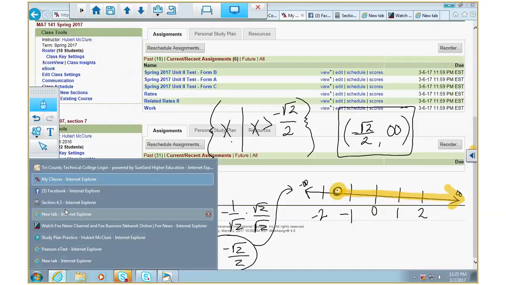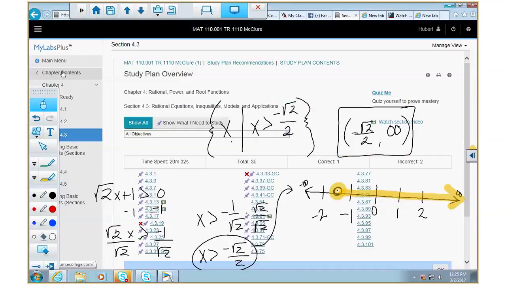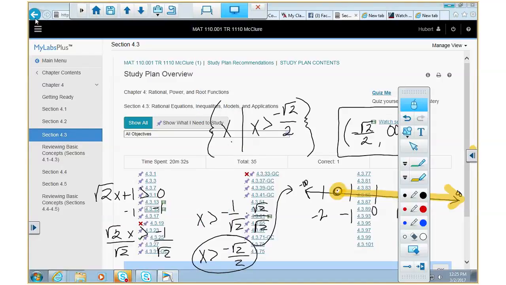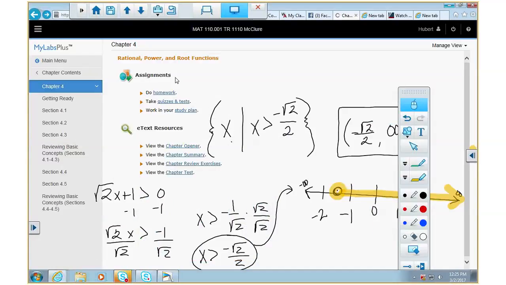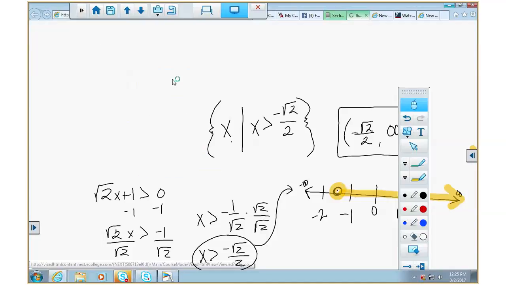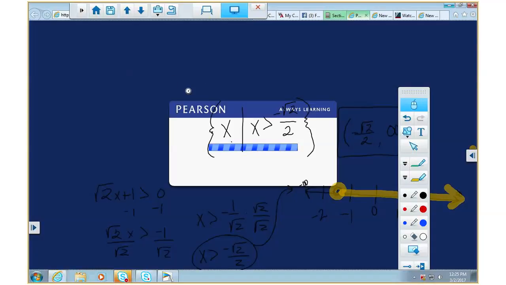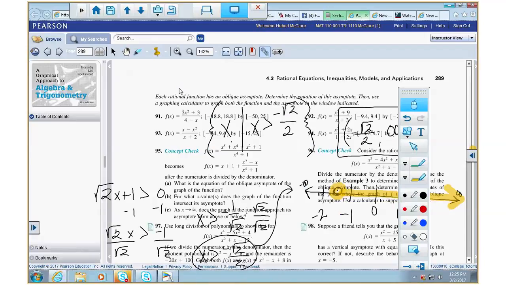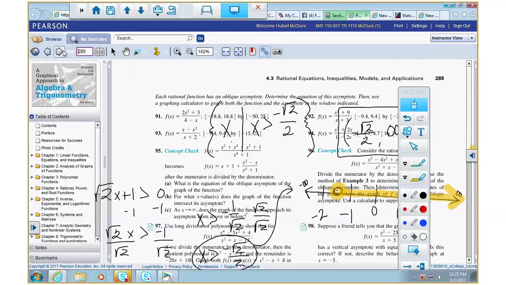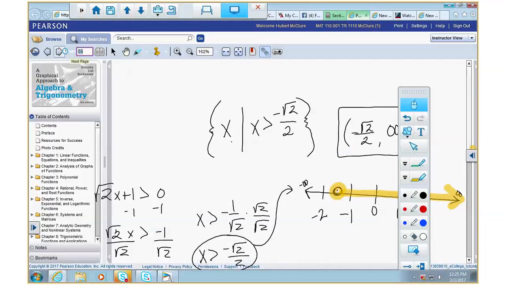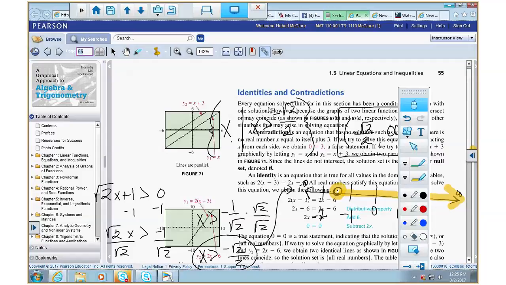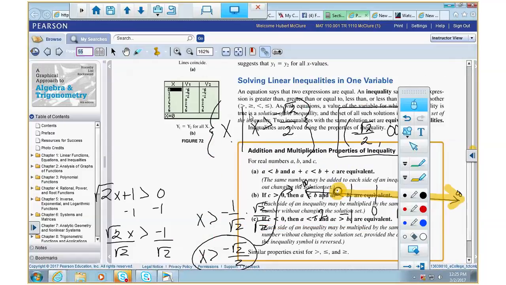There. All right. And the reason I have to look it up is because I forget it, because you don't use it very often. There it is. Thank you.